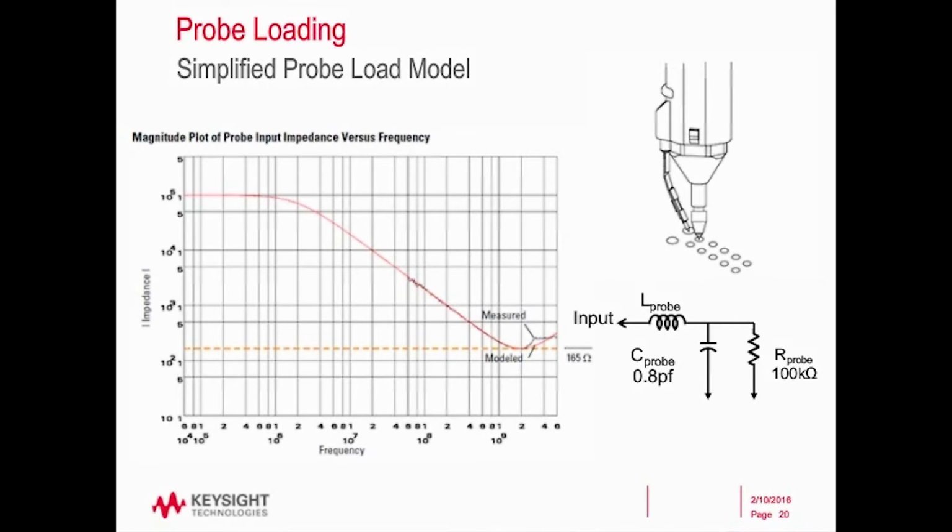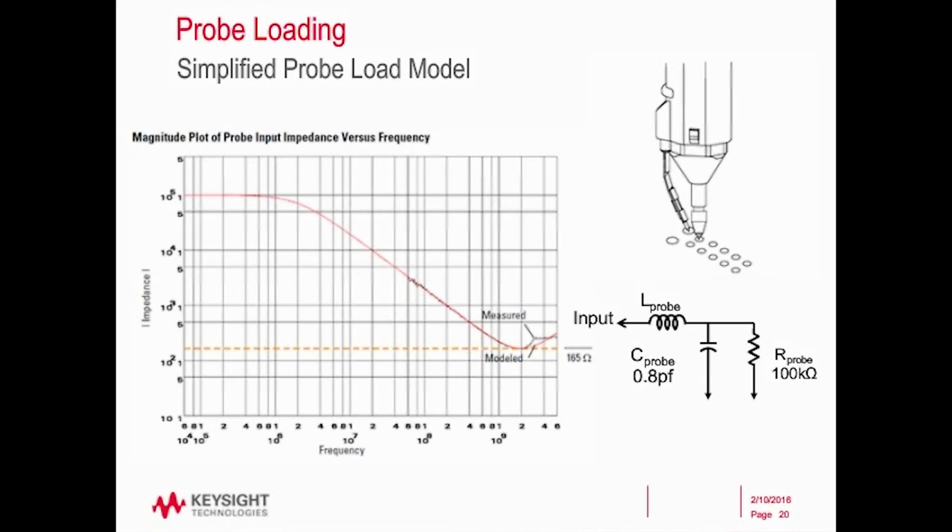Now as I start to go through and increase the frequency, let's say I'm just probing a sine wave. As I start to increase the frequency of that sine wave, when I start to get out to the megahertz kind of thing, what I see is that the impedance is starting to drop off. That's because, of course, the impedance of a capacitor is inversely proportional to the frequency.